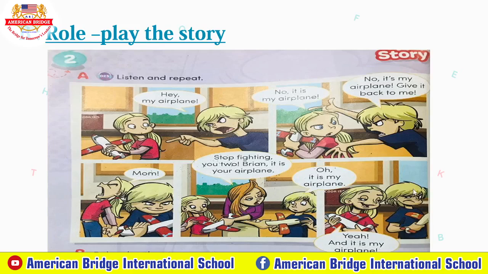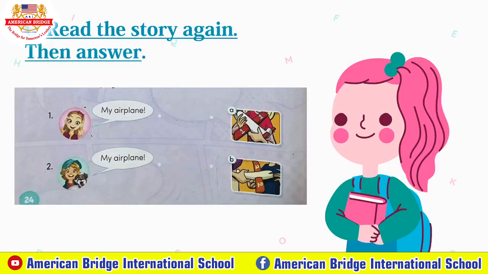After we finish the role play and read our story, everyone, how do you feel? Great. You feel like it was fun, right? Now let's move to the next one. You need to read the story again, then answer. We have number one and number two. Number one is Emma, number two is Brian.